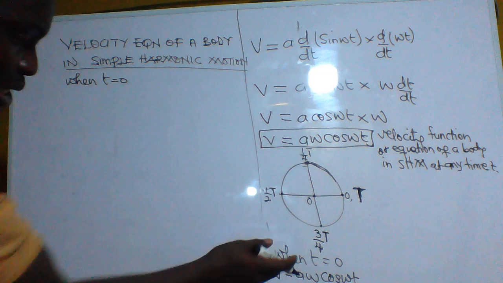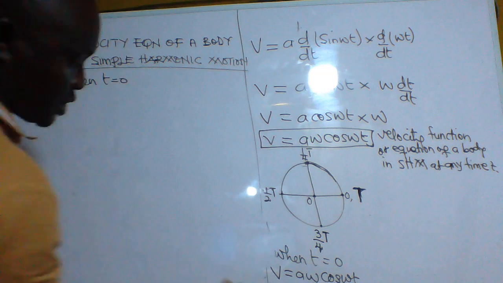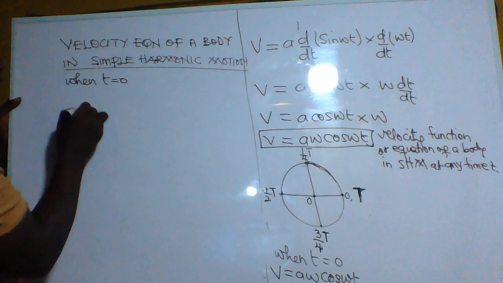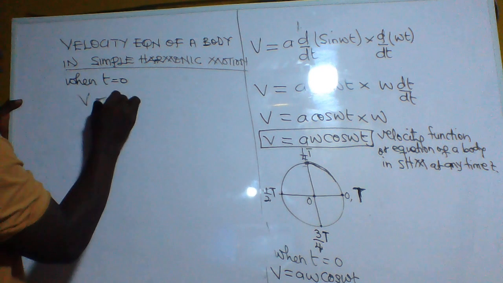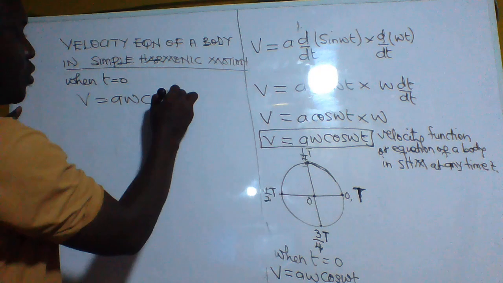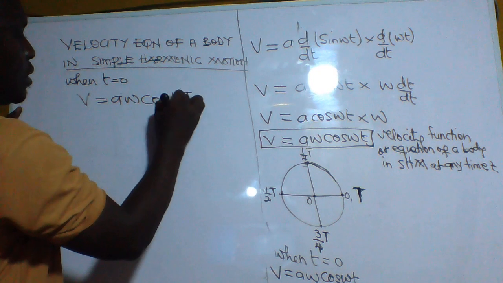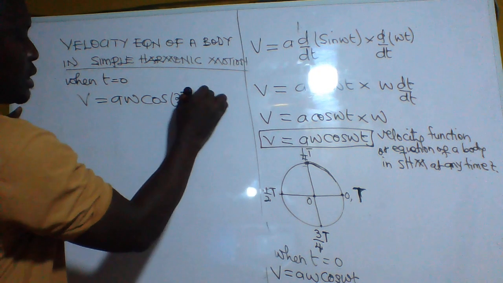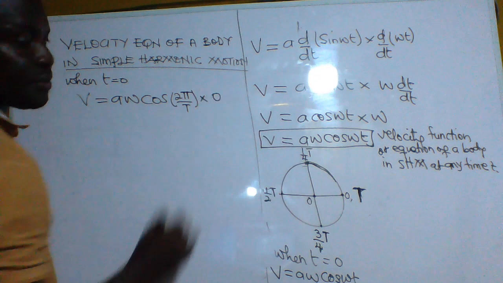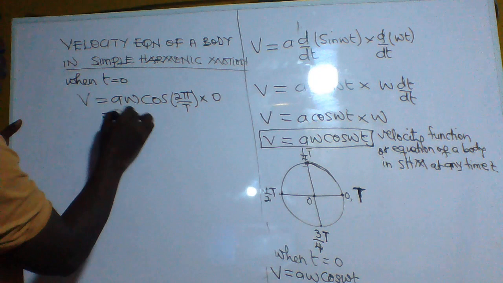But let's see what the velocity equation would give us. So v is equal to A omega cos of omega, which is 2 pi on T, times the time, which here is 0, and 0 times any value will be equal to 0.